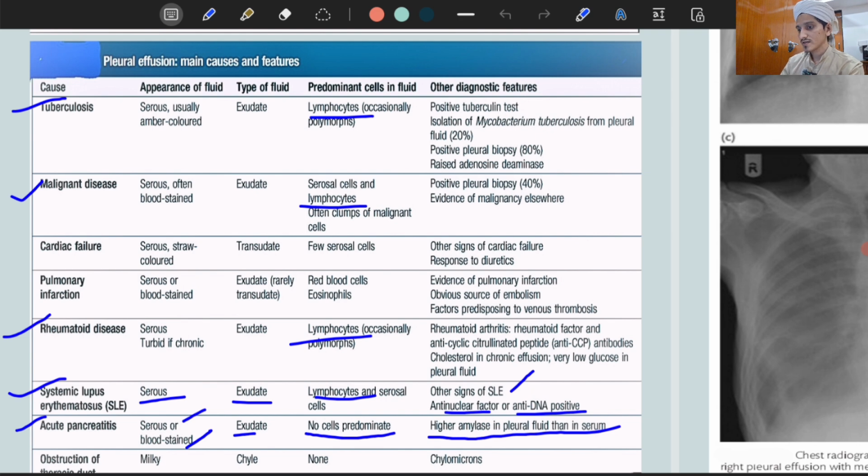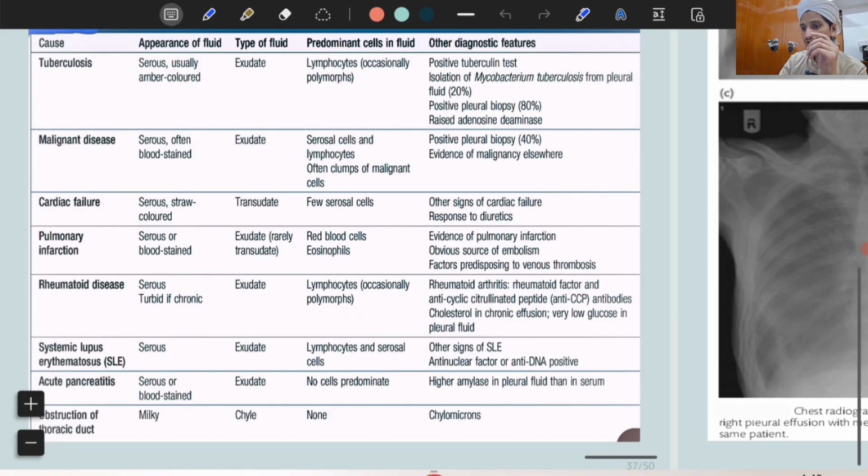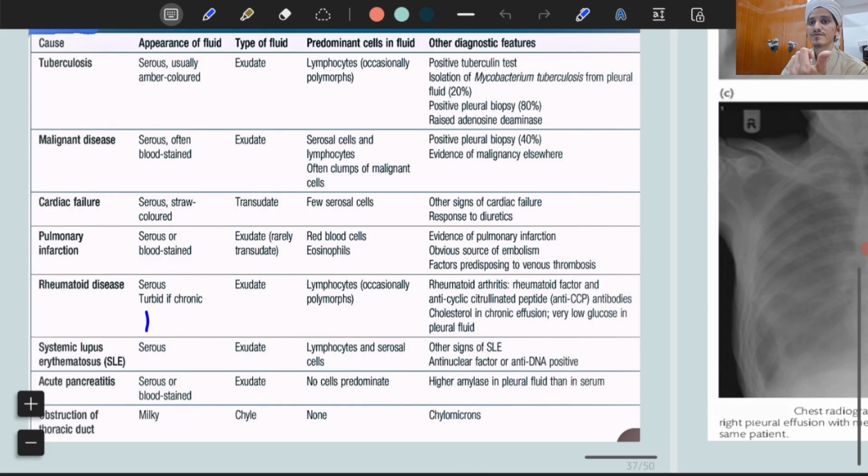If there is obstruction of the thoracic duct due to some lymphadenopathy or due to some tumor, then it will be milky chyle. It is also called chylothorax. Type of fluid is chyle.